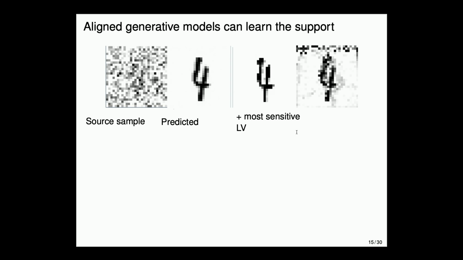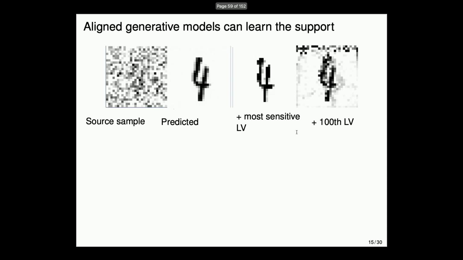So that E that I showed you, if you take the first column, that is the most sensitive one. If you add this to this vector, this vector can also be visualized as an image because recall it is the same dimension as the image. You get this, which also very much looks like a 4. So it is on the manifold.